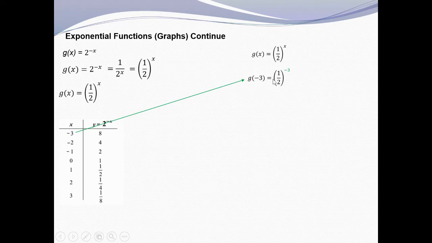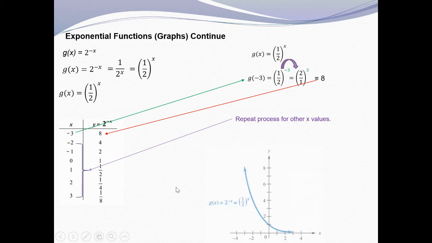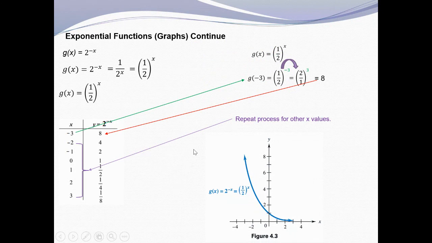Remember the observation that I showed you last time: instead of 1 over (1/2) to the third power, you do the reciprocal, and the exponent becomes positive. That's why the answer is 8. The y is 8. If you repeat the process for all the x values, these will be the results here.